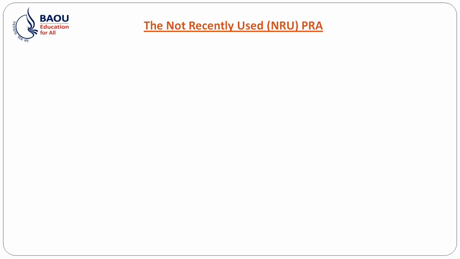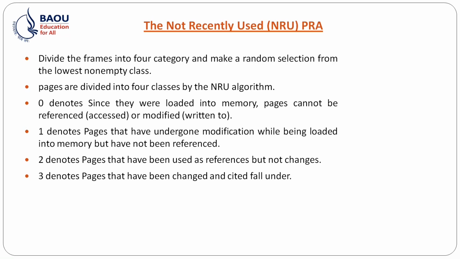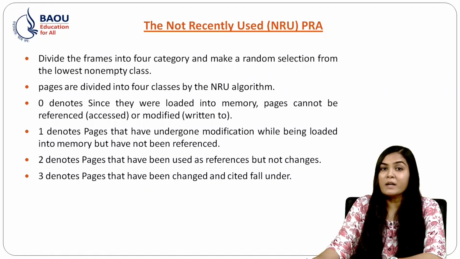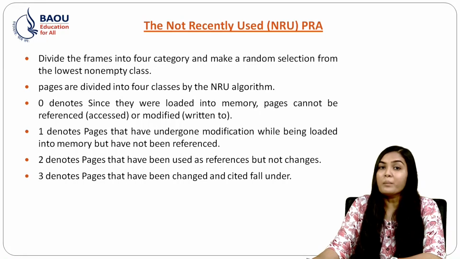So the next page replacement algorithm is the not recently used algorithm. This algorithm divides the frames into 4 classes and makes a random selection from the lowest non-empty class. Based on their page usage or reference bit, pages are divided into 4 classes by the NRU algorithm.